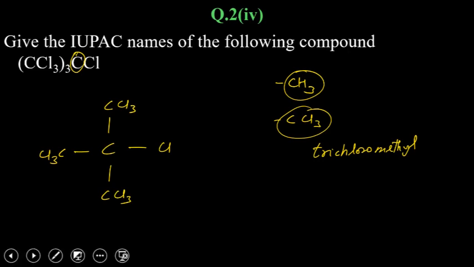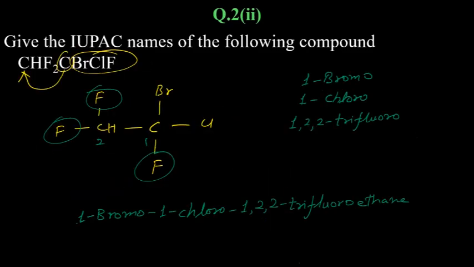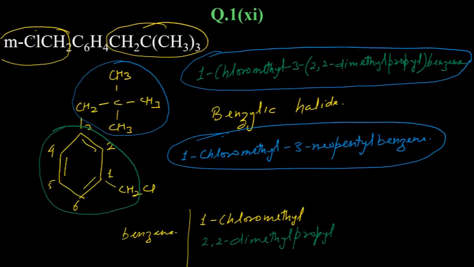For example, if you remember in one of the previous cases, I considered this one as chloromethyl, bromomethyl. CH2Br will be bromomethyl. CH2Cl will be chloromethyl. I'm just going back because it was attached to a benzene ring.